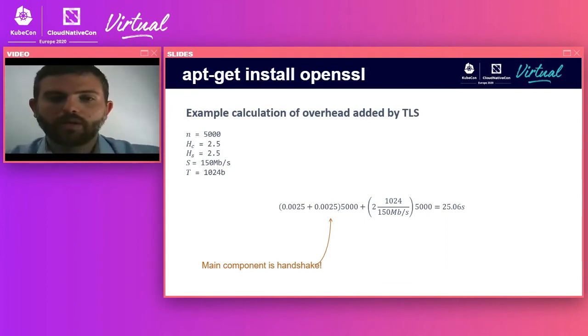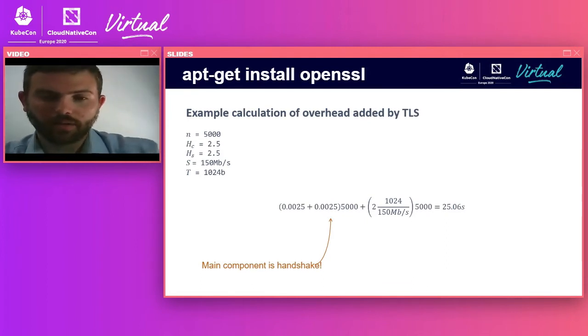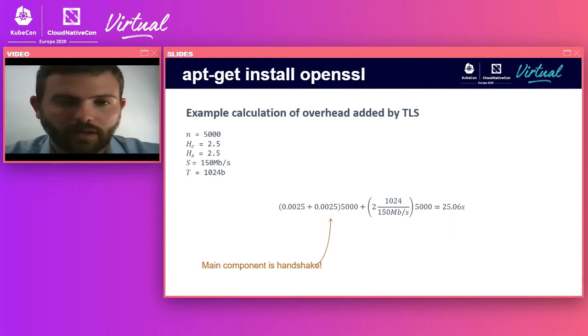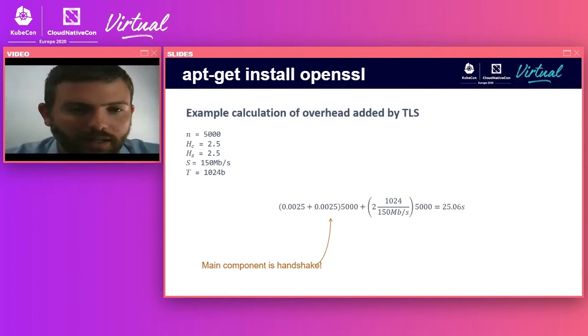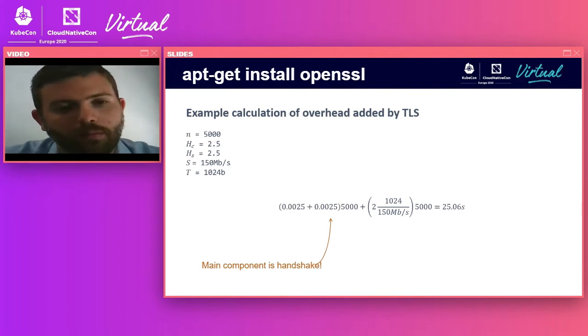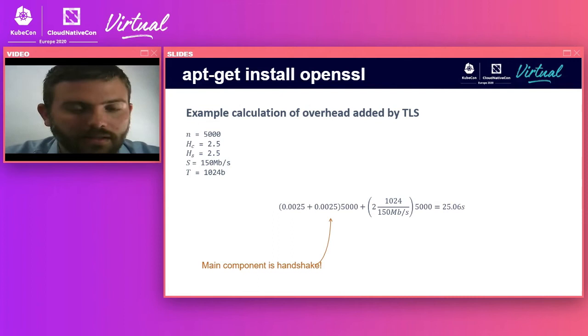But if I want to conclude my formula, I know I have a service where I have 5,000 requests, and I have mutual TLS, and the handshake is 2.5 milliseconds, and I have this crypto bandwidth of application data.